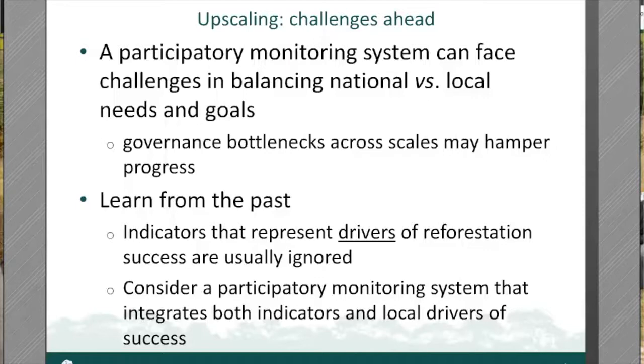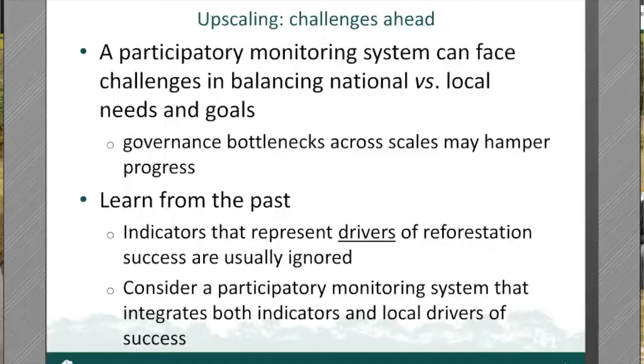Learn from the past. Indicators that represent drivers of reforestation or restoration are usually ignored. What exactly has happened before that has been conducive to a given degree of forest cover, based on active or passive restoration? Learning from the past is critical.